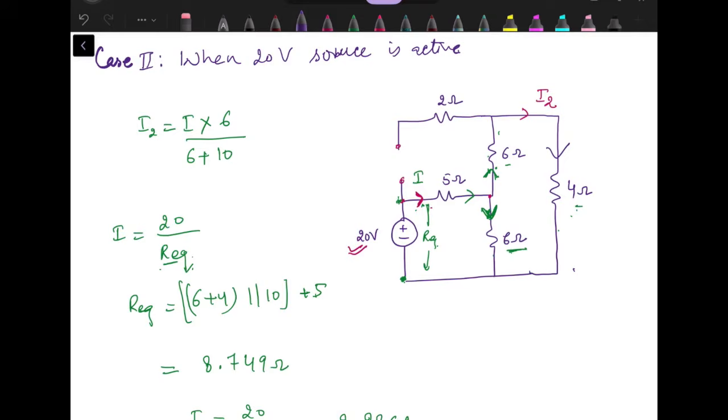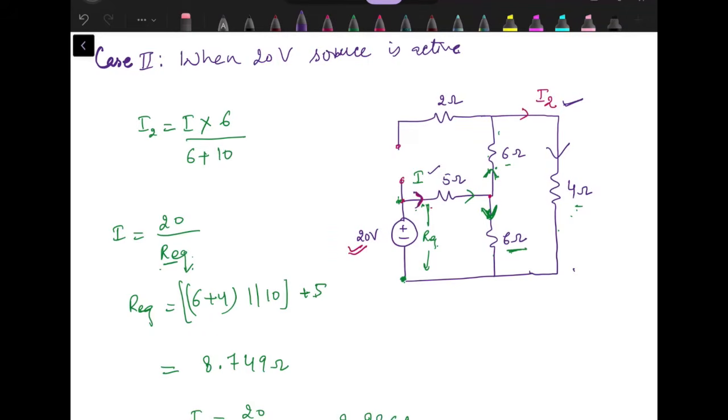So you can see over here I have found the current through the 4 ohm resistance by current division, and for that I need to find what is the current supplied by this 20-volt source. You can apply mesh analysis over here to find this current. You could have applied nodal analysis as well.